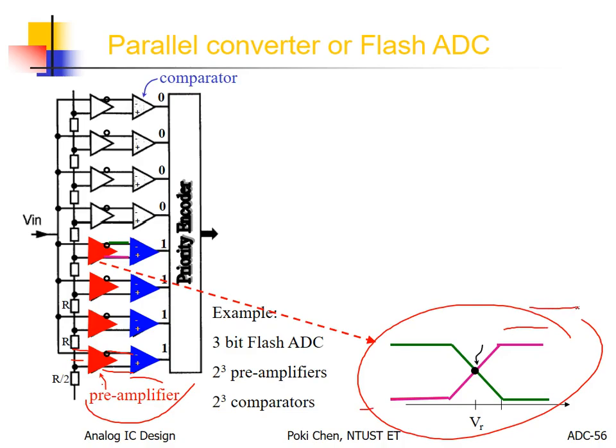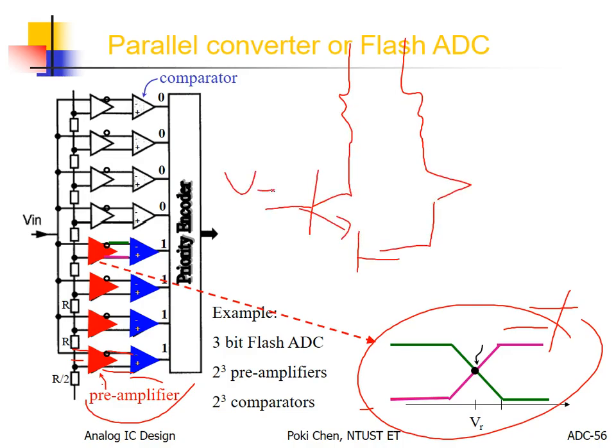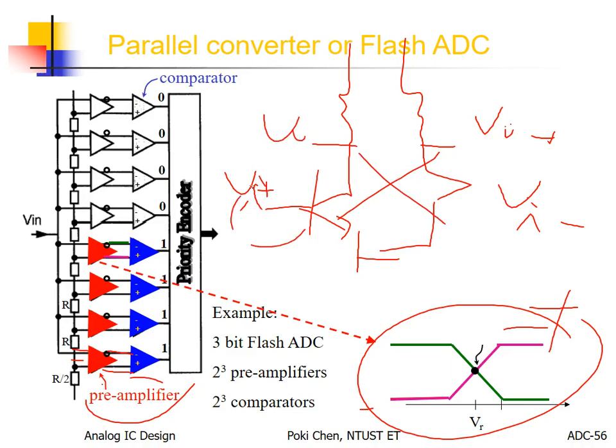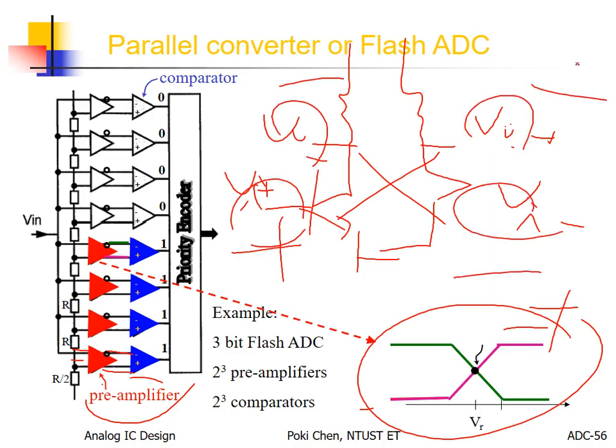I think you already know that this is your positive input, then that is the positive output. This is your negative input, then the negative output there. They are opposite to each other. From here to there, positive to negative. From here to there, negative to positive. Got it? So the transfer curve looks like this.